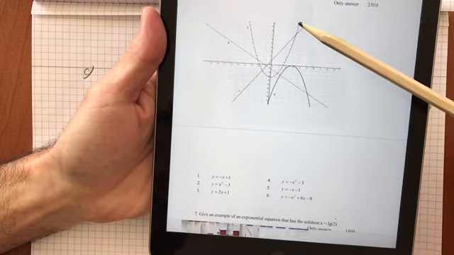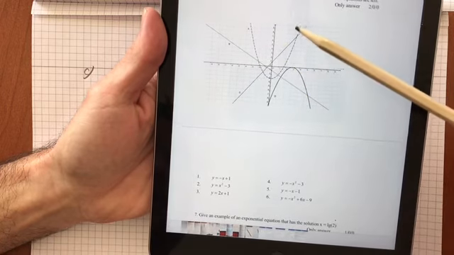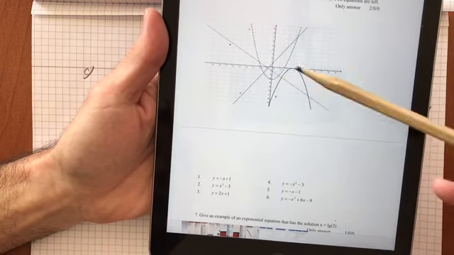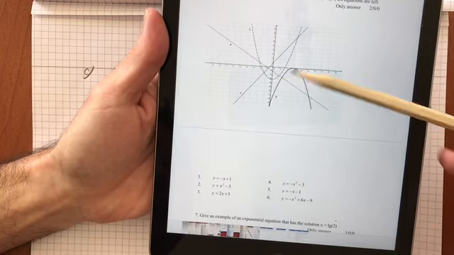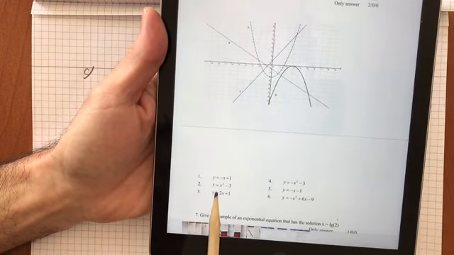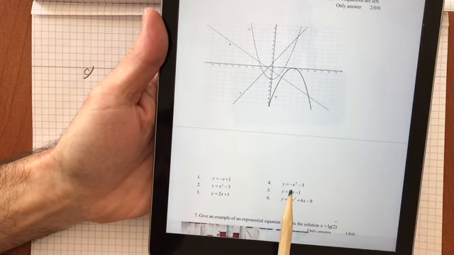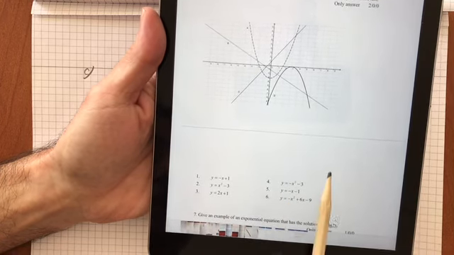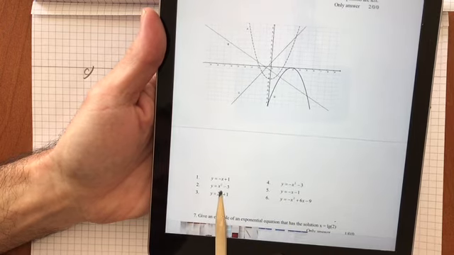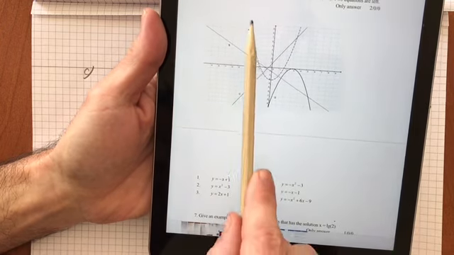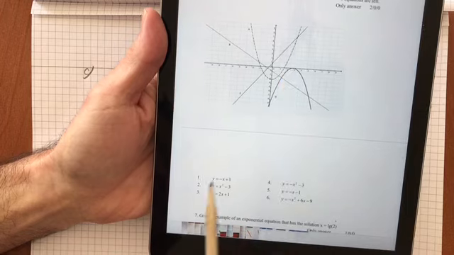But we also see that this second degree function has a minimum point, and a minimum point happens when you have a positive coefficient here. This is positive, this is negative, so this has a maximum point. This has a minimum point. Therefore, A is 2.